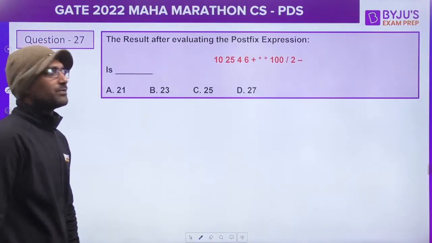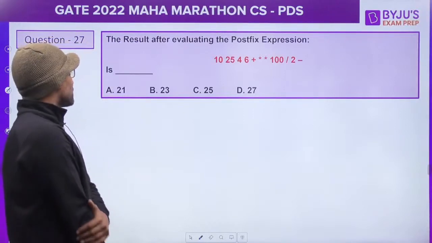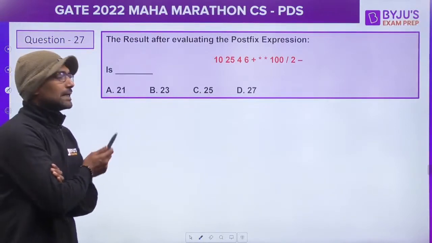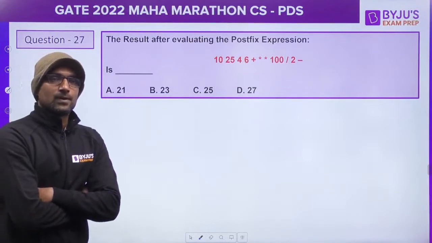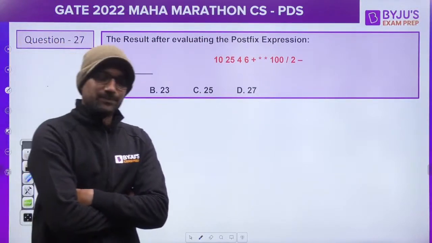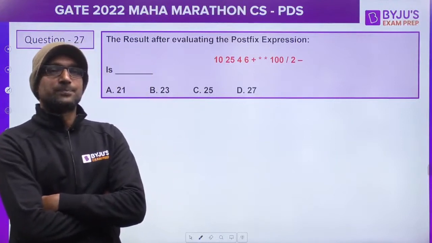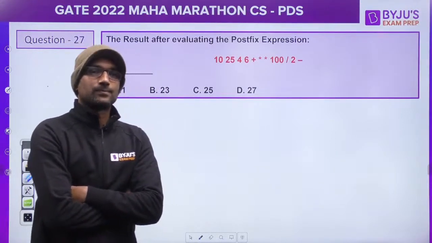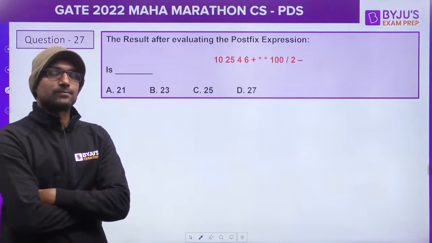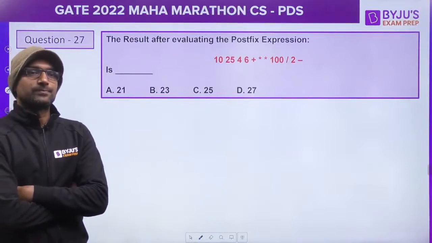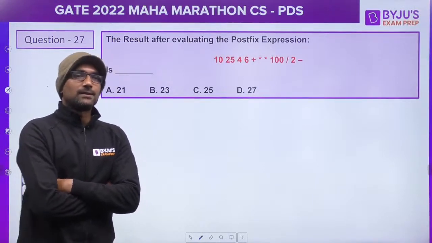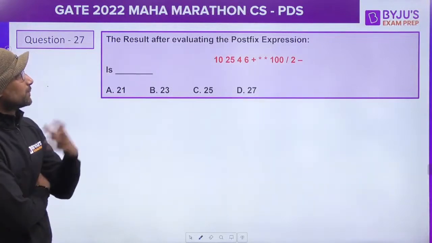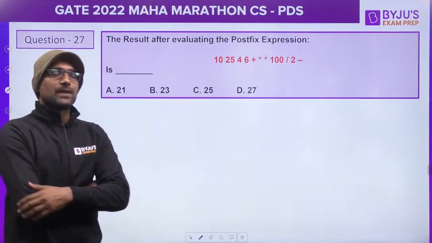The result after evaluating the postfix expression is.